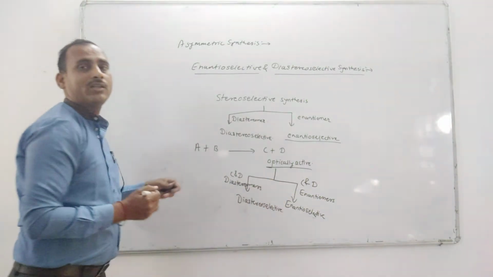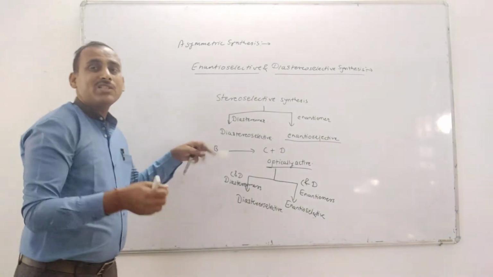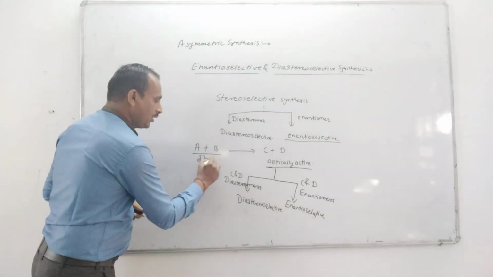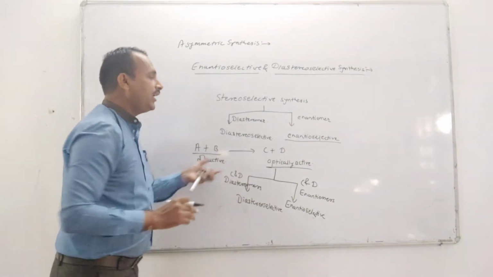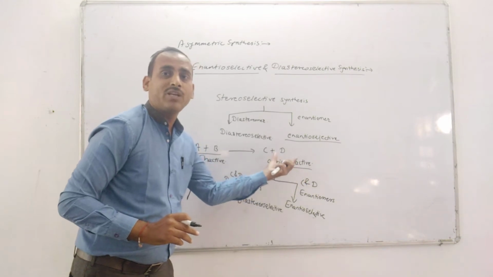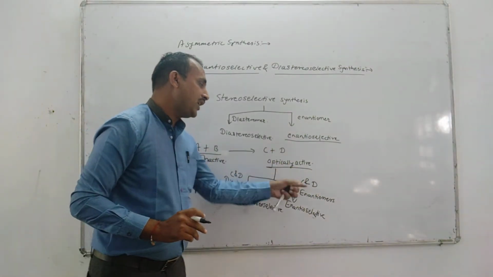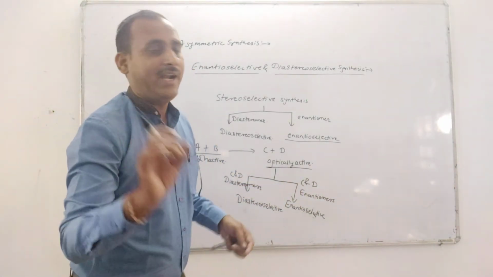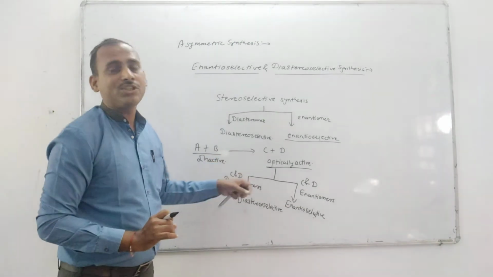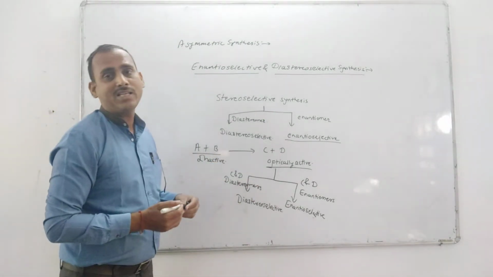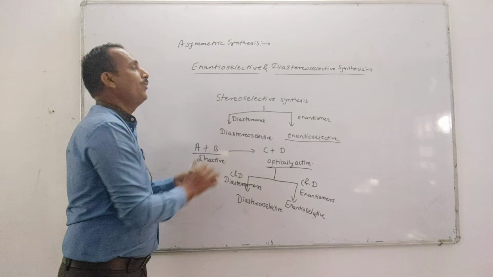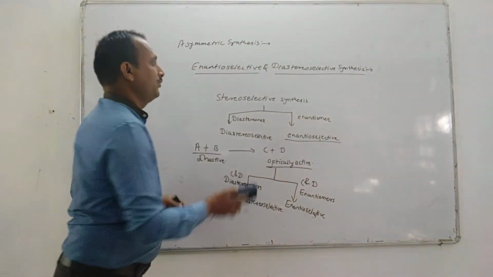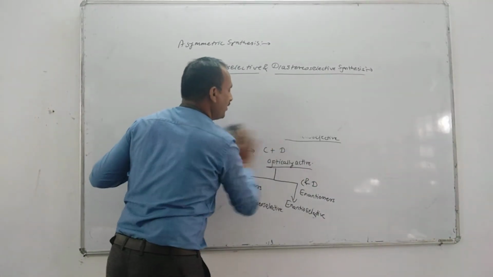So if A and B are optically inactive and we get an optically active product, and C and D are enantiomers, then the reaction is enantioselective, and if C and D are diastereomers, then the reaction is diastereoselective. So let's see diastereoselective and enantioselective reactions one by one.